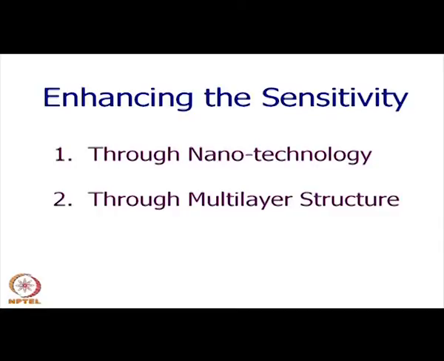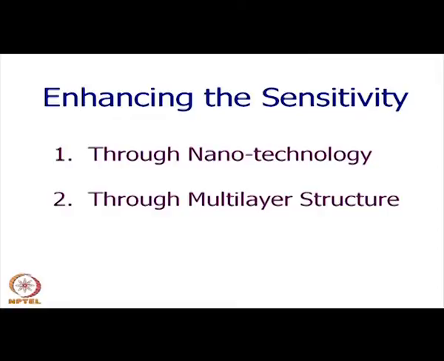There is another way to enhance the sensitivity. This is through so called nanotechnology. Of course, this is nanotechnology in the sense that here we basically use nano powders instead of micro size powders to enhance the specific surface area.